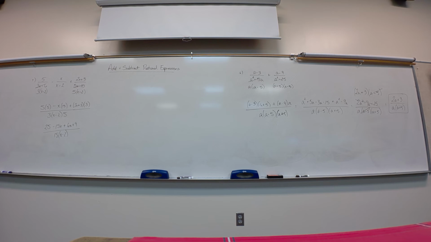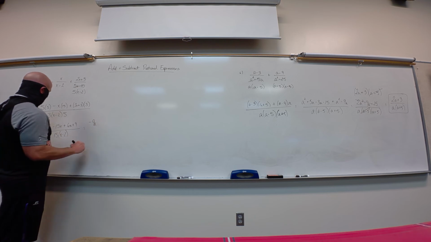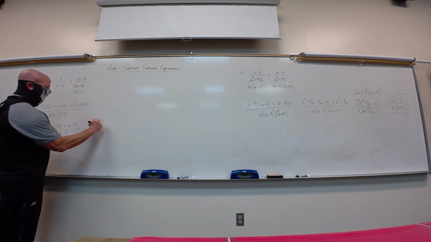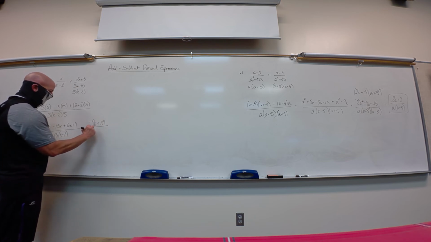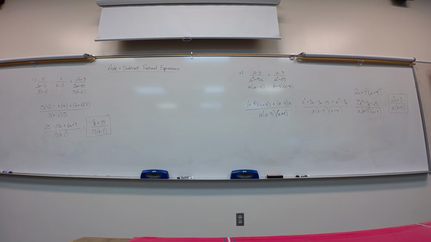And then up top, negative 15x plus 6 is negative 9x. 25 and 9 is 34 over 15 and x minus 2, and nothing simplifies there. I don't have any kind of common factors there.